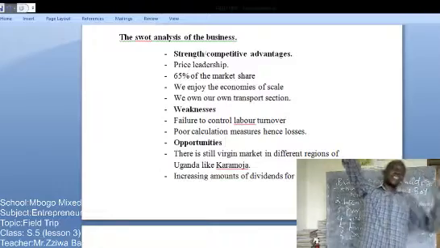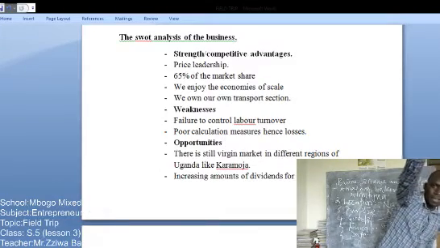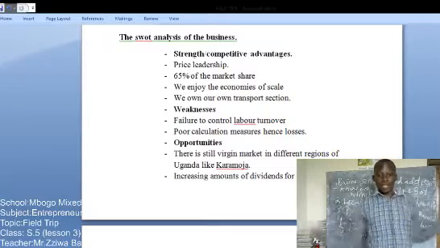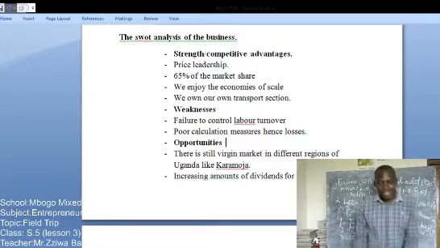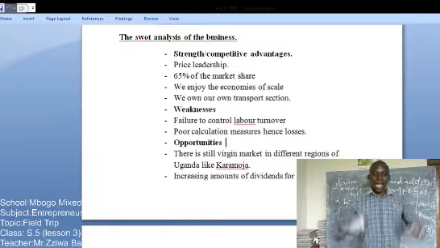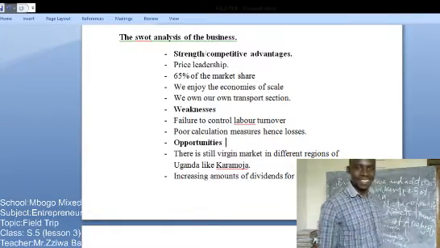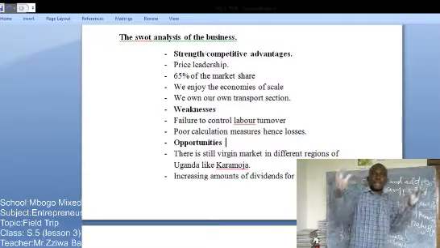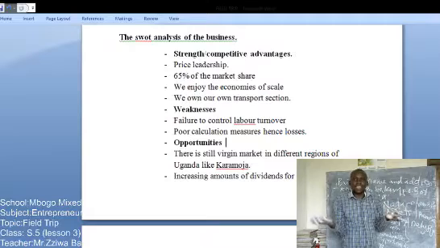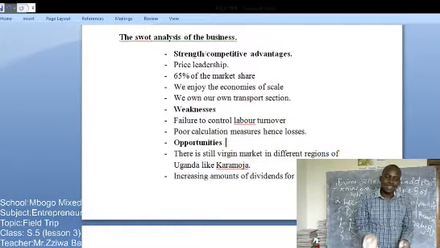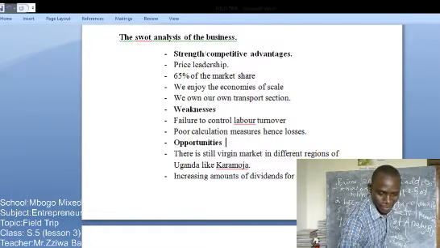That market that is there in Karamoja, that normally demands highly for our products, it is an opportunity that needs some more exploitation. Increasing the amount of dividends for profitable investment. Peaceful political business environment. That is yet another opportunity that you can exploit as an entrepreneur. So that is an opportunity.